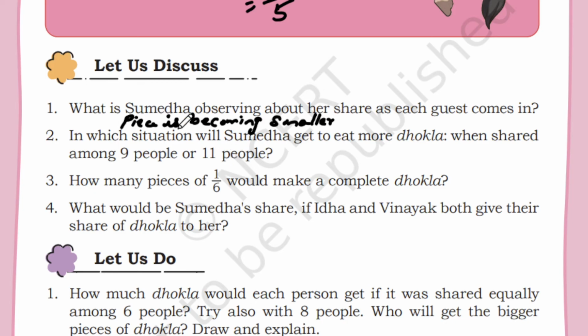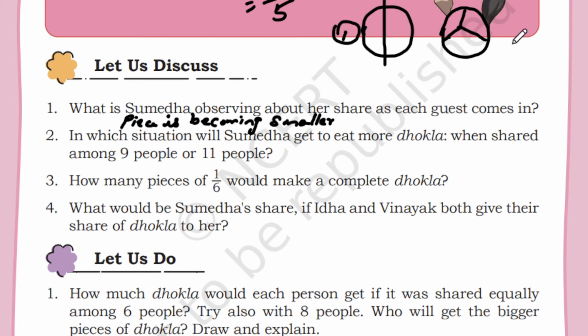Next, among which situation will Sumeda get to eat more Dhokla? When she shared among 9 people or when she shared among 11 people? So students, when we share with 2 people and when we share with 3 people, which part will you get more? 2 parts you will get more, 3 parts you will get less.